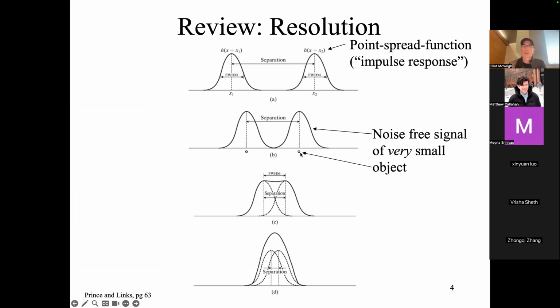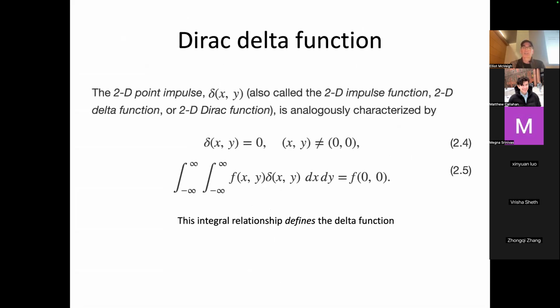So remember, if this is a noise-free image here and I have my little dot, and this could be in MR or in CT, the output could be this Gaussian blob function. And so the question is, what is the system that generates from this little dot this Gaussian blob? How do I mathematically write that down so that I can make sense of this stuff?